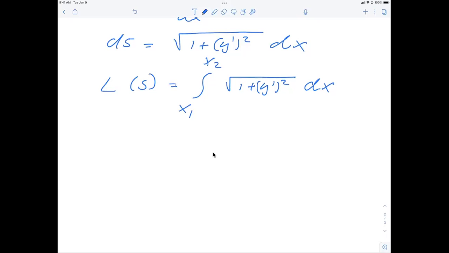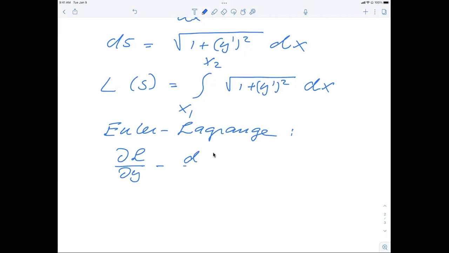So if we now use the Euler-Lagrange equations here, with respect to y, we have ∂L/∂y minus d/dx of ∂L/∂y prime. Previously we had time because we were looking at something which depended on time, but now it depends on a displacement x. This y prime is the derivative of y with respect to x, and this has to be equal to 0.